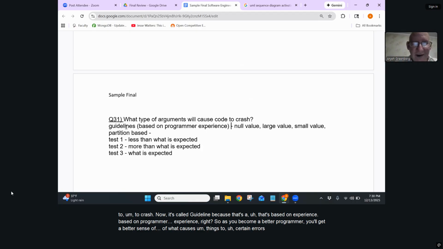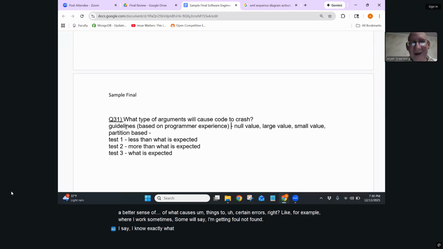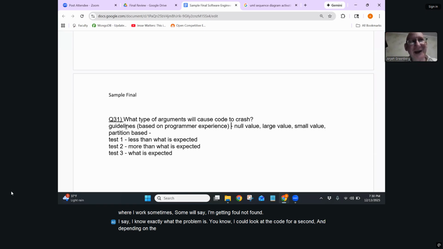As you become a better programmer, you'll get a better sense of what causes certain errors. Like for example, where I work, sometimes someone will say, "I'm getting file not found." I say, "I know exactly what the problem is." I could look at the code for a second, and depending on the error, I know exactly what went wrong, based on experience.